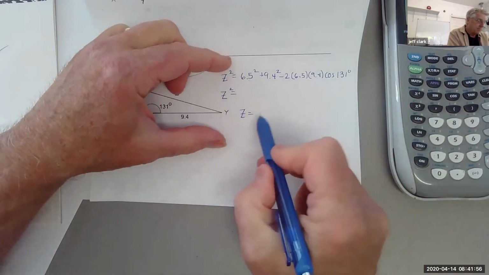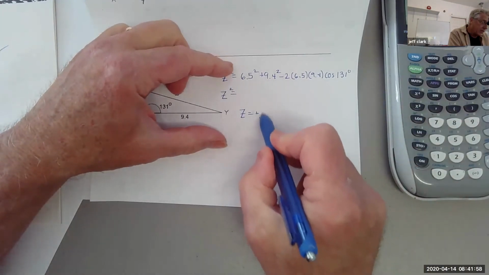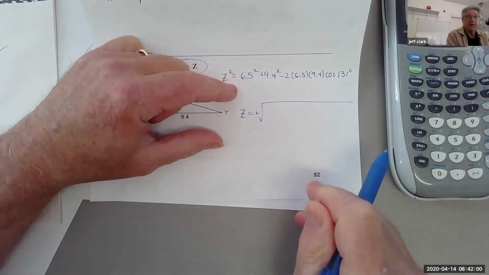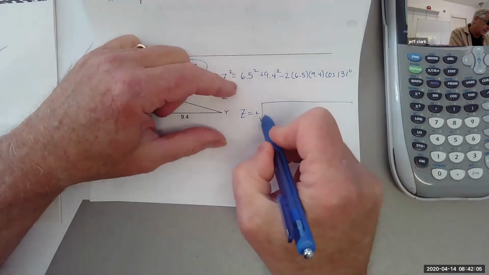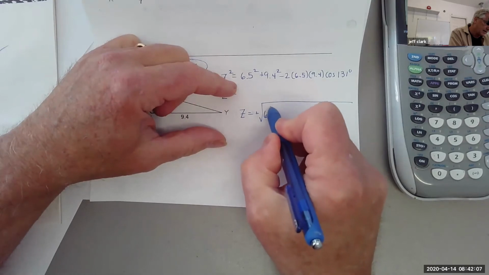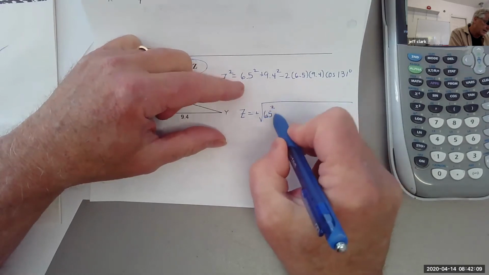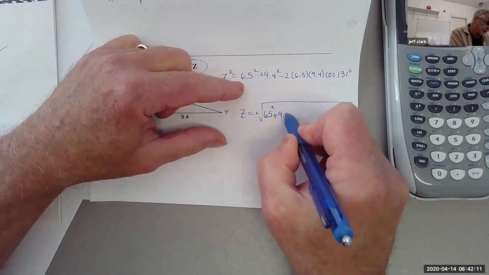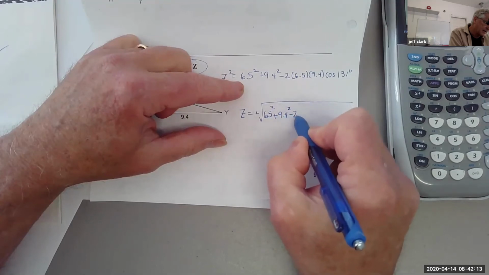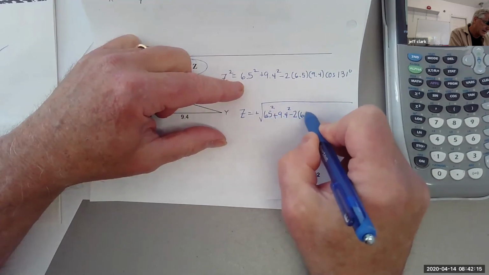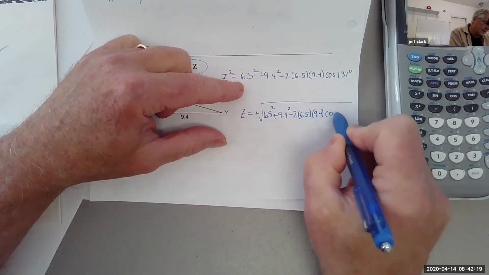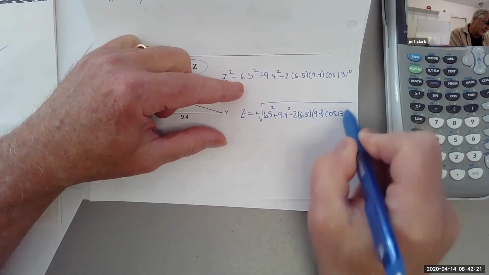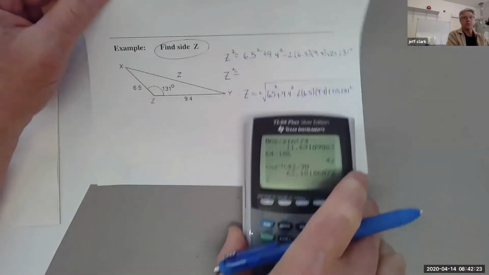So plus the square root of all this. And I'll just type it in my calculator the way I see it. And 9.4, and a cosine of 131 degrees. And here we go.